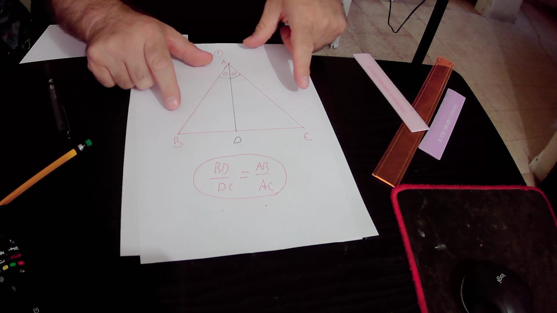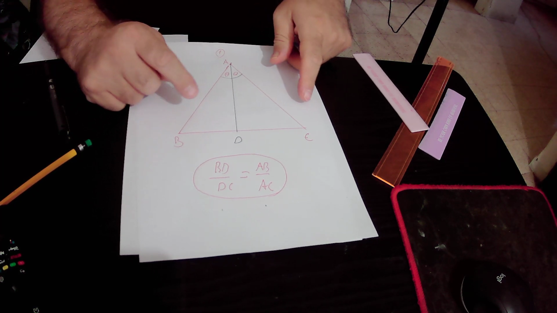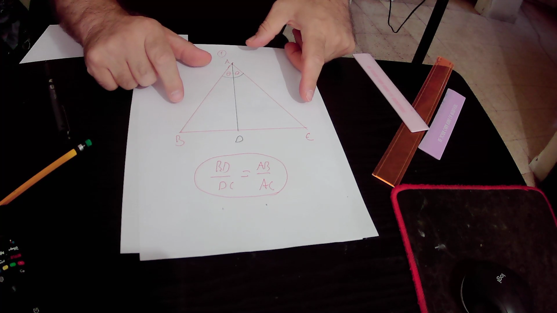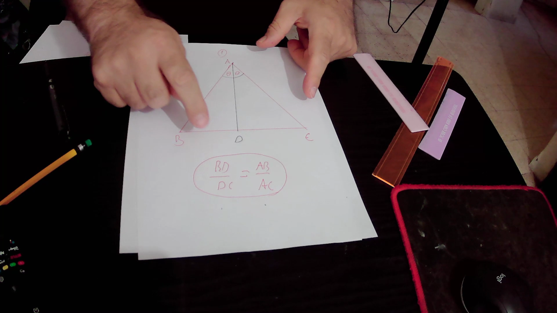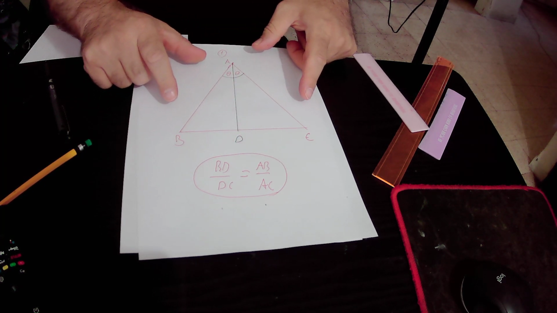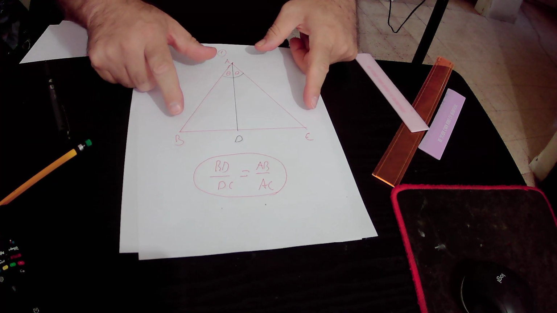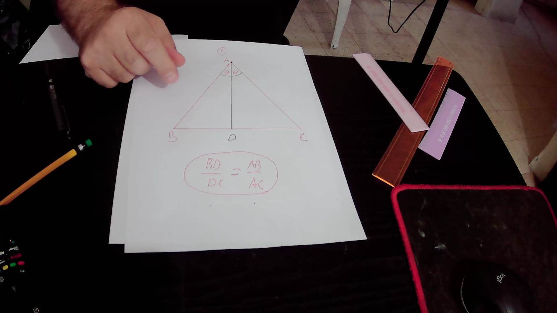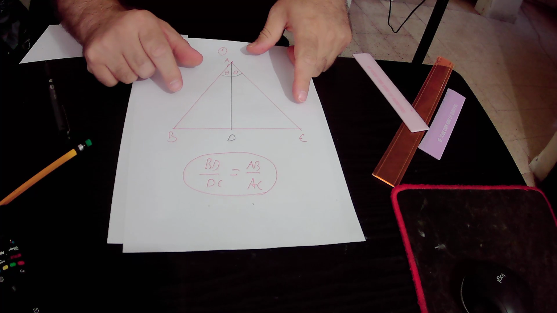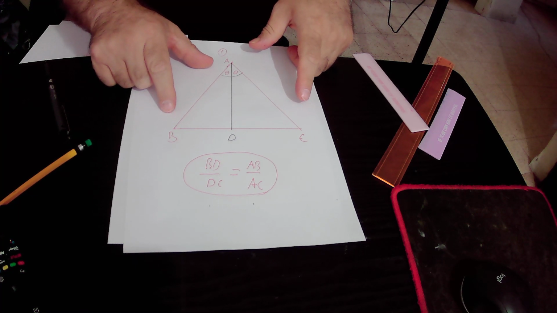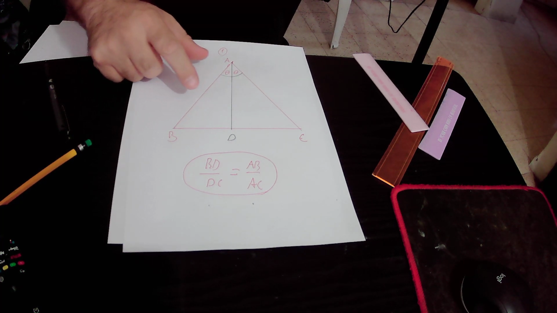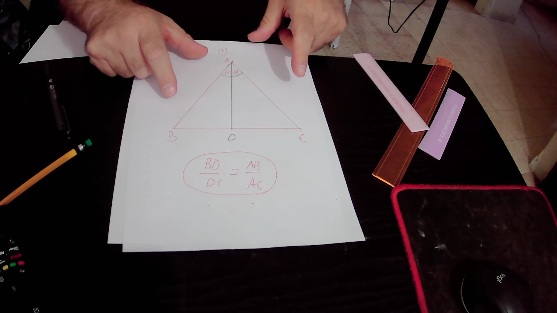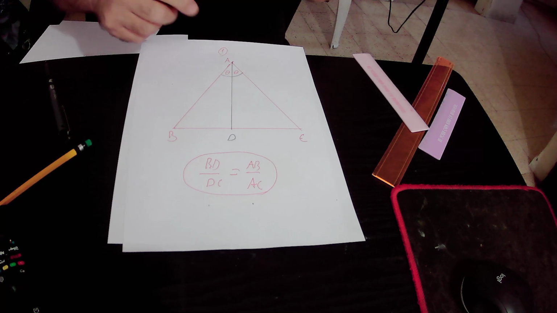The ratio that angle bisector AD divides BC is BD over DC, and the ratio between the angle legs is AB over AC, and according to angle bisector theorem, those two ratios are equal to each other.